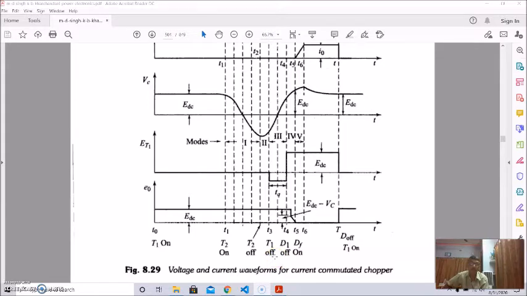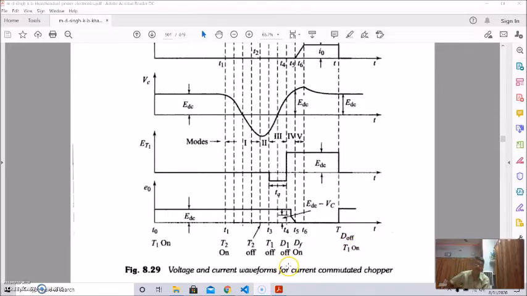From T3 to T4 the mode 3 operation is being conducted, and at T4 diode 1 is off. At T5 the freewheeling diode is on, and at T6 the commutation is completed, and this is the chopping period at T.